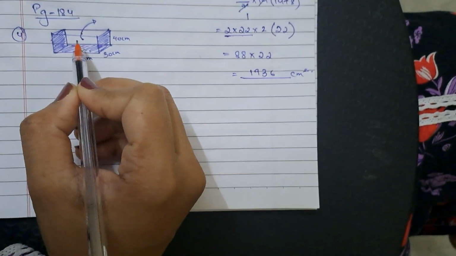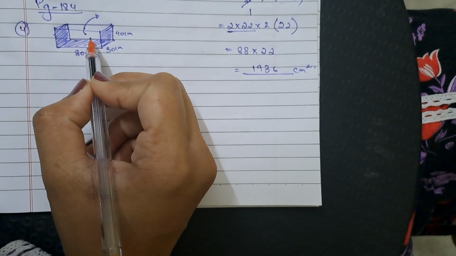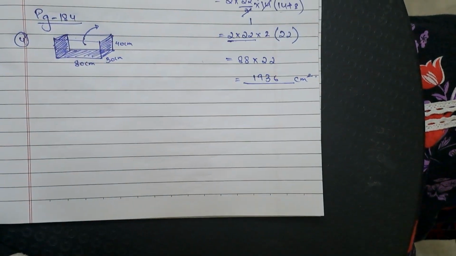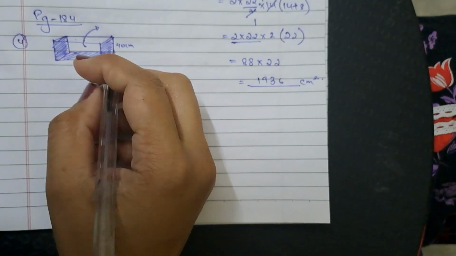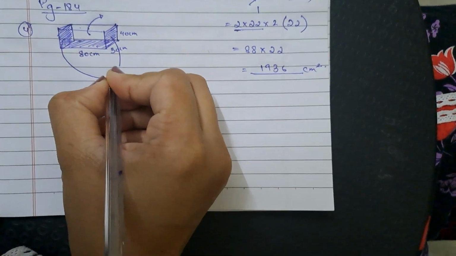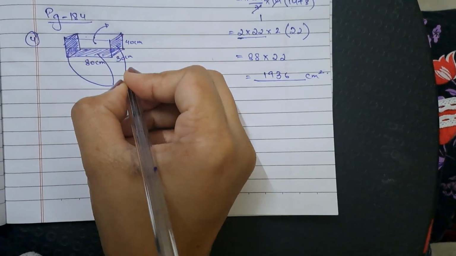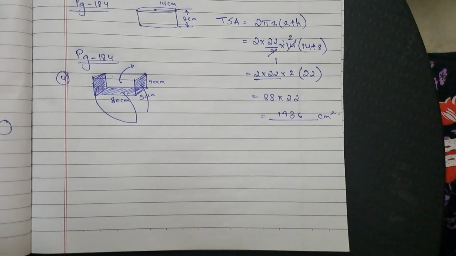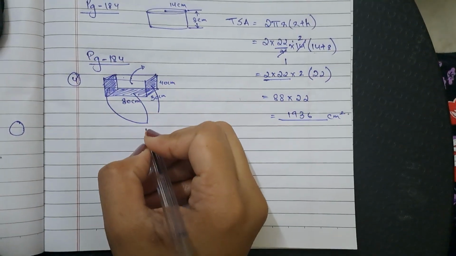TSA means full, but he's saying that we are just leaving the top and the front side, but rest everything will be covered in here. So for this particular question, we are going to find the area of this side and this side and the back side and add them together. So we are going to find individually and add.